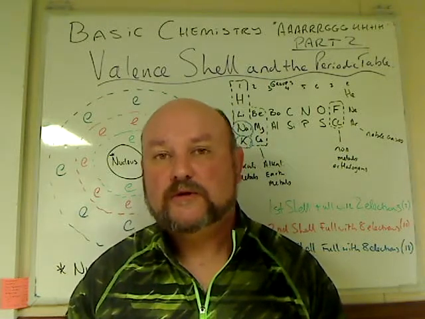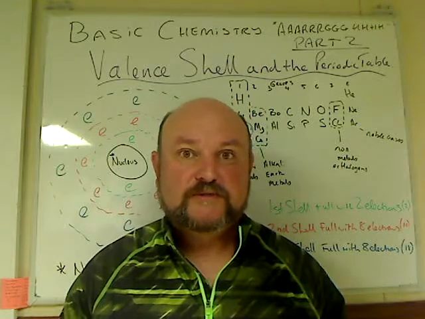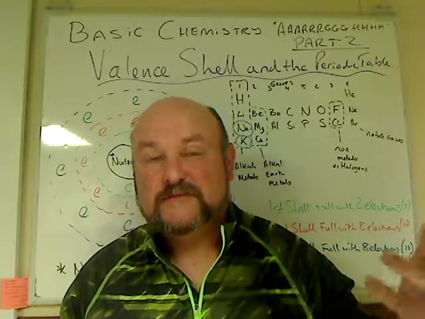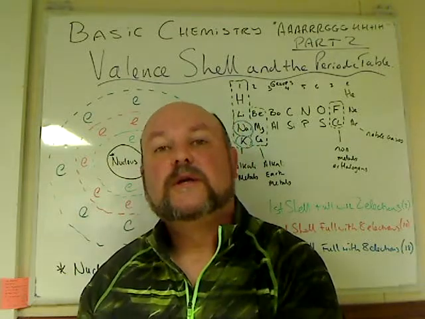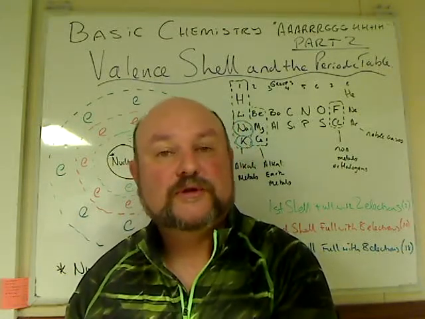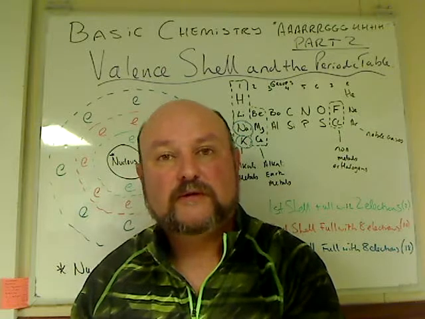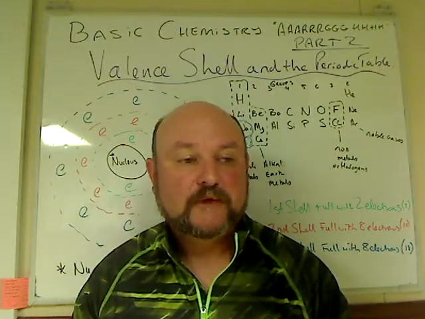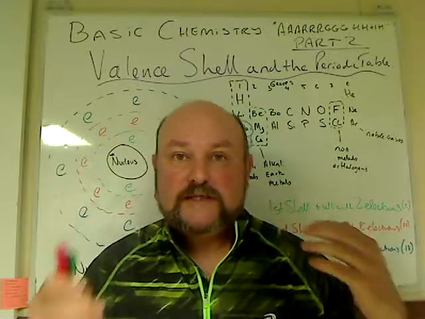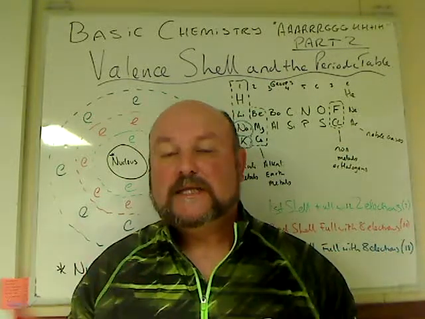Now in ionic bonding, that's where a group 1, 2 and sometimes 3 element donates electrons to a group 7, usually chloride. Fluoride could be another one, but chloride's the most common biologically. So that forms a simple magnetic attraction.